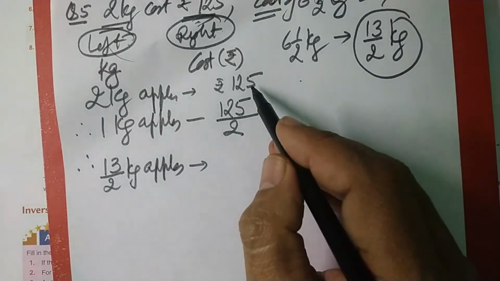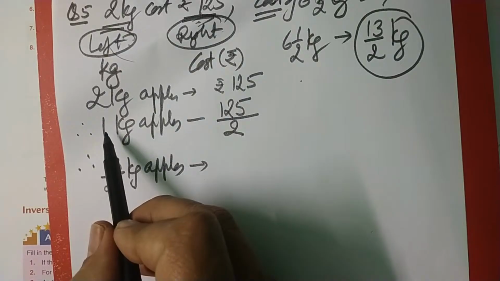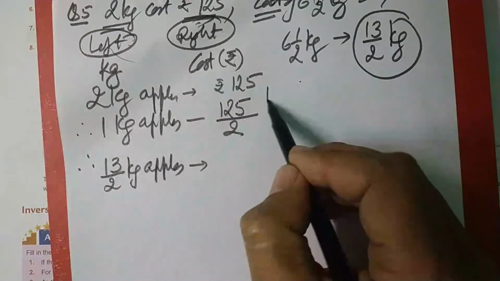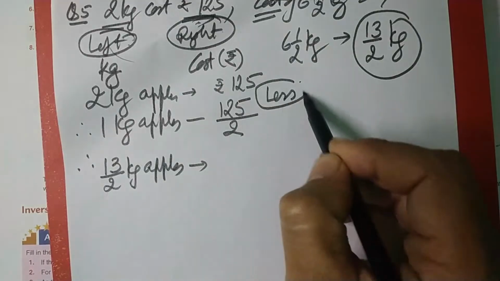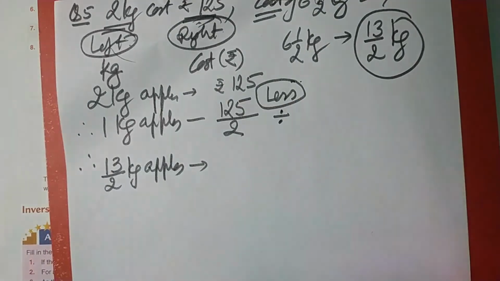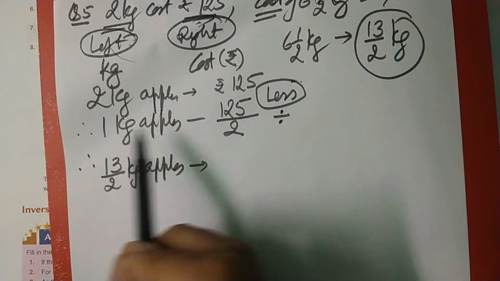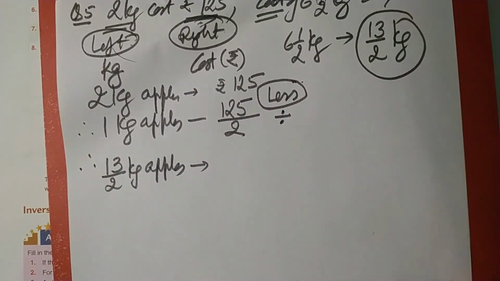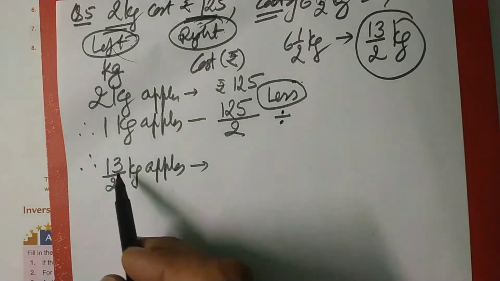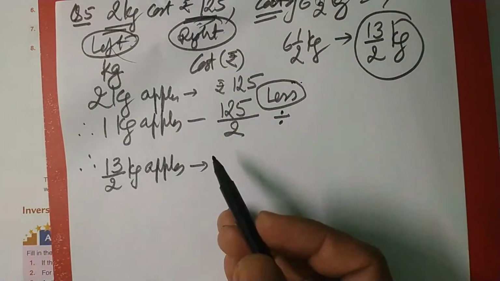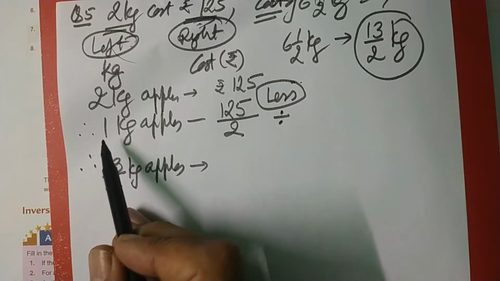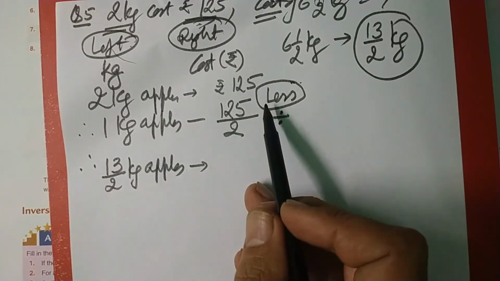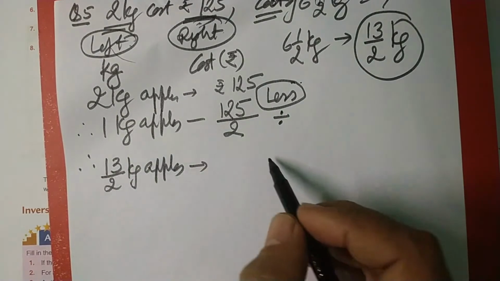Because 1 kg cost will be less, and less means divide. Now if 1 kg costs this much, then 13 upon 2 kg will cost more than 1. If you buy less kg, you have to pay less money. If you buy more kg, you have to pay more.